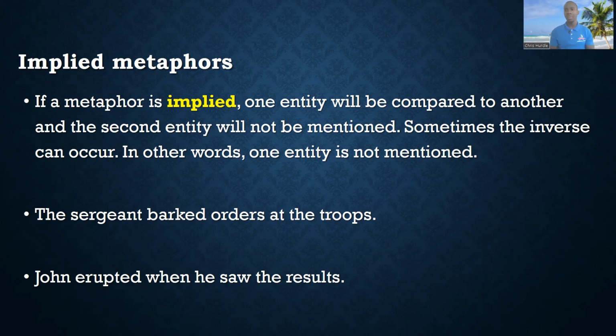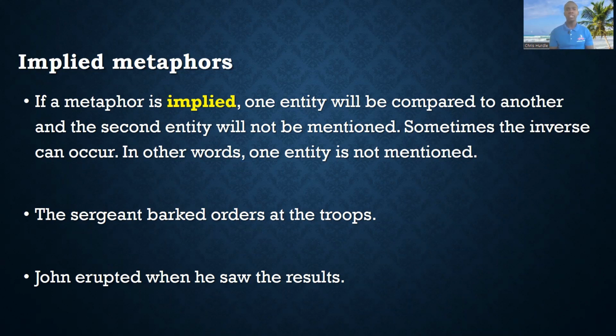This is why it's called implied. It's not going to be explicitly mentioned, but you will have some indication in the sentence that another entity is being used in the comparison. It would be implied. It would not be direct.